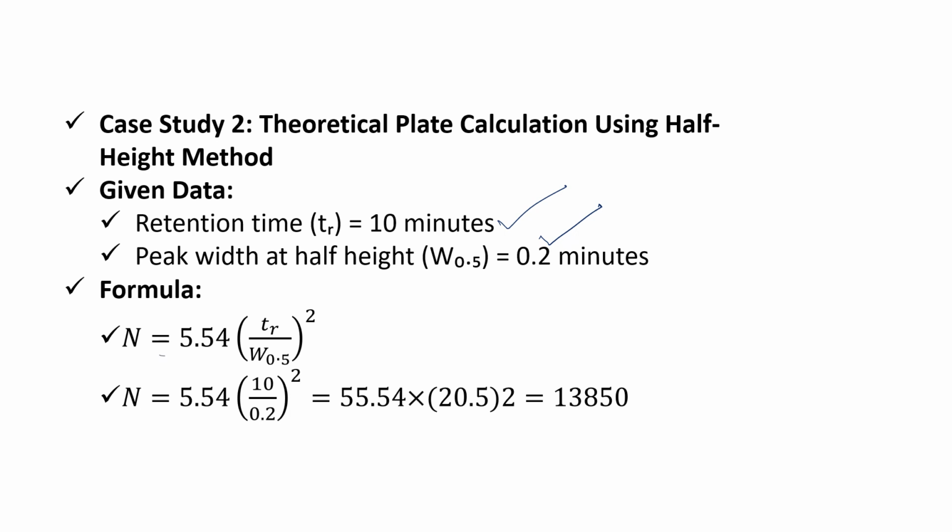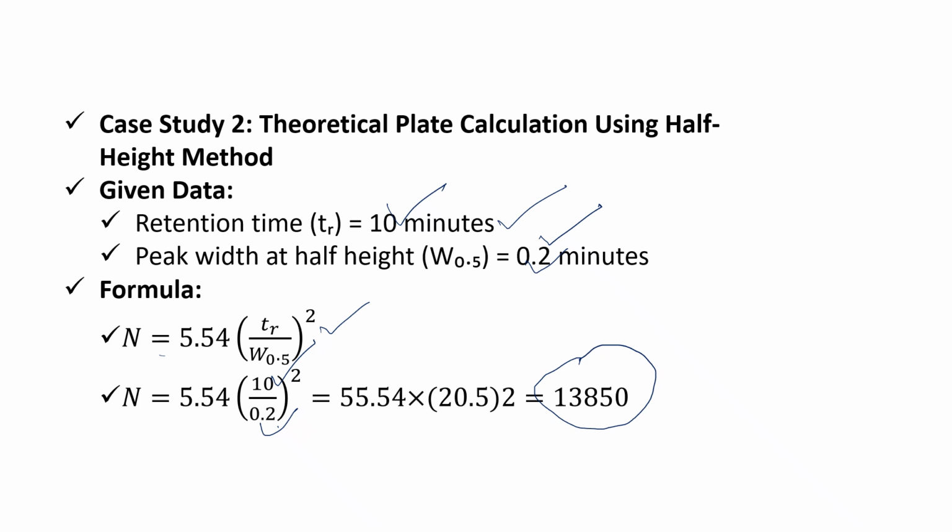N is equal to 5.54 into T divided by W whole square, where W is the width of the peak at 50% height of the peak. Here T is 10 minutes, width of the peak is 0.2 minutes, then N will be 5.54 into 10 divided by 0.2 whole square, which is equal to 13,850, means high.